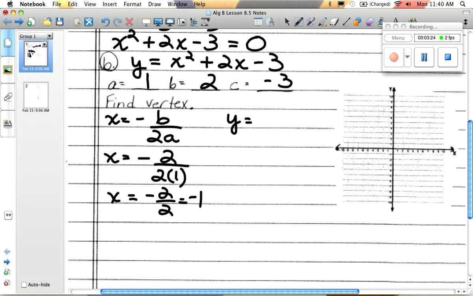So remember, we have to take our equation. I'm just going to write it down. Then we're going to substitute into it what we got for our x value of the vertex. We have to be really careful, that's a -1, so it's got to be in parentheses.